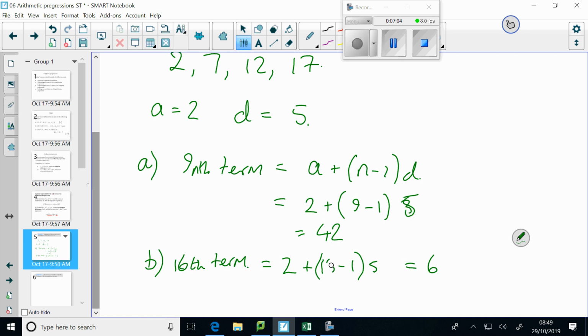So that is 16. So that's 15 times 5 is 75. 77. All right. 77. So finding the value of the nth term, not particularly difficult. You can just use the formula and put the numbers in, and away you go. Okay? Everybody happy with that?